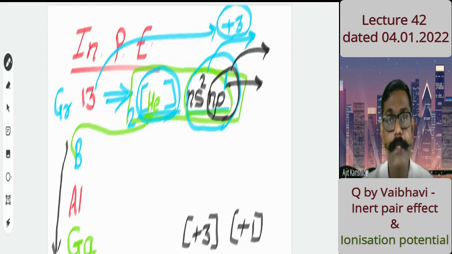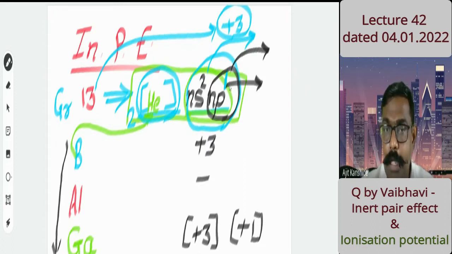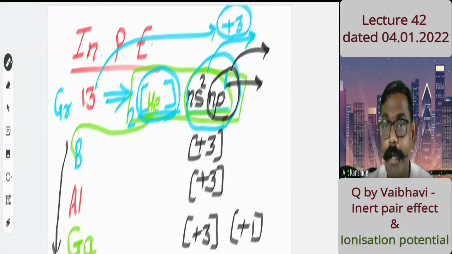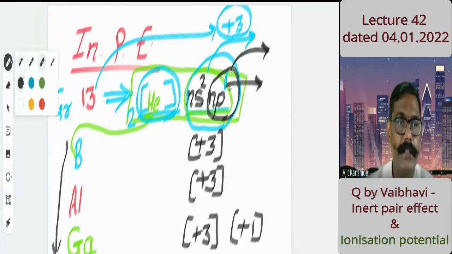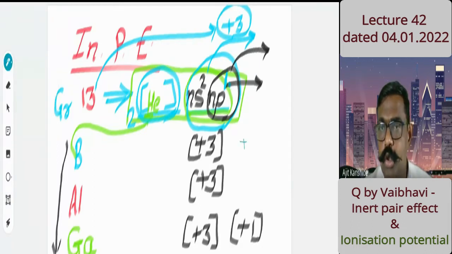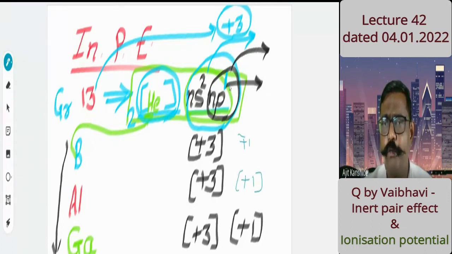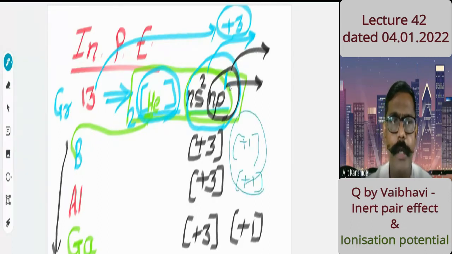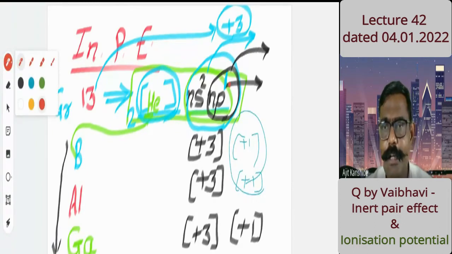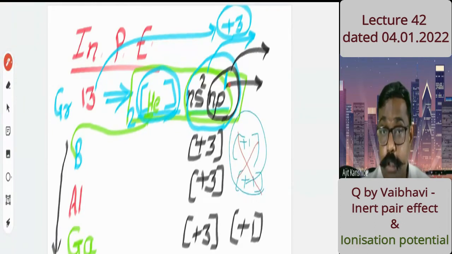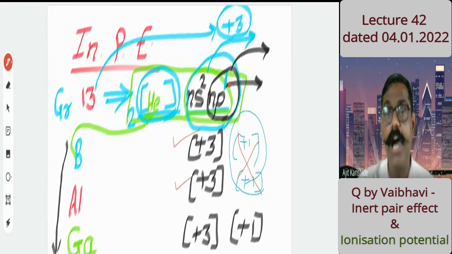As a practice, we find that boron can show plus 3 oxidation state, aluminum can show plus 3 oxidation state. The tendency to show plus 1 oxidation state is very poor, or you can say nearly nil. The tendency to show plus 3 is large, predominant.